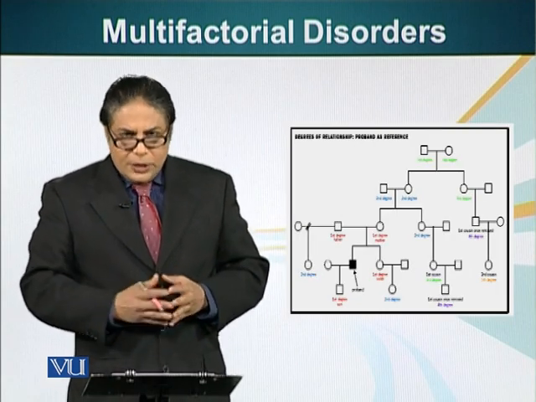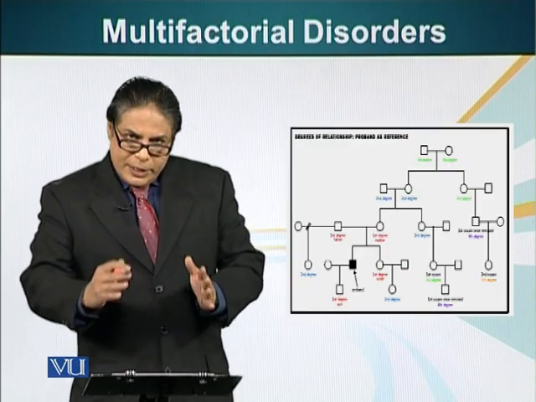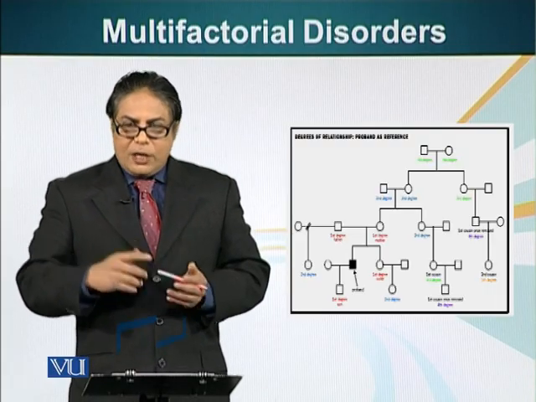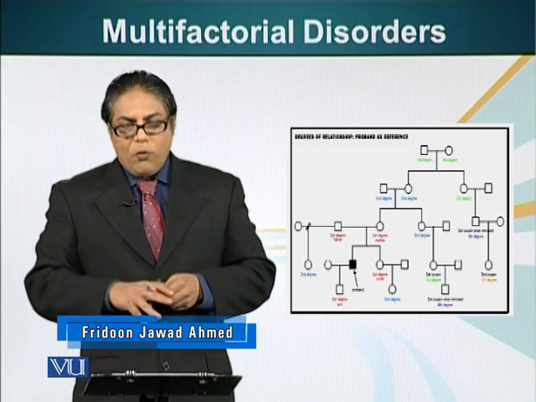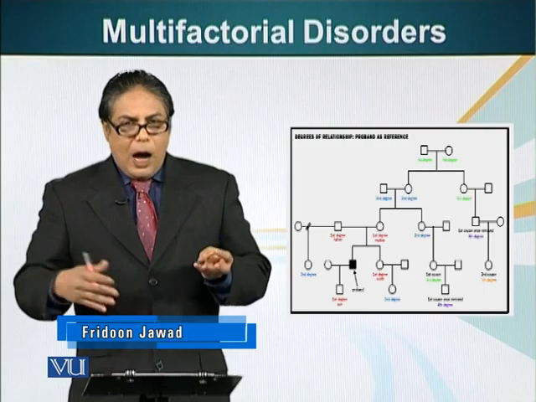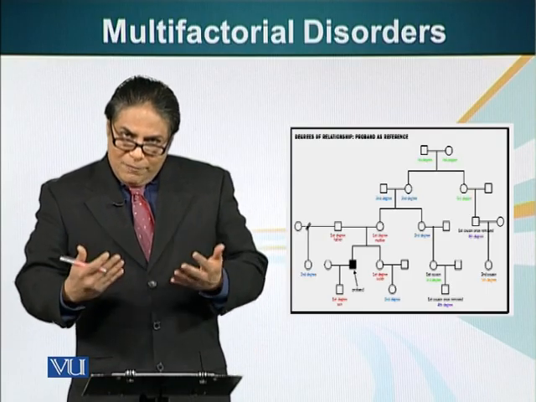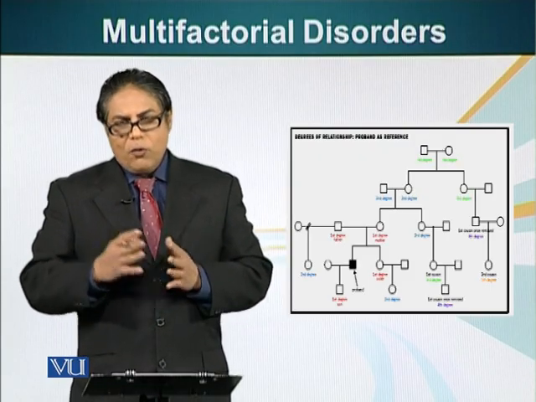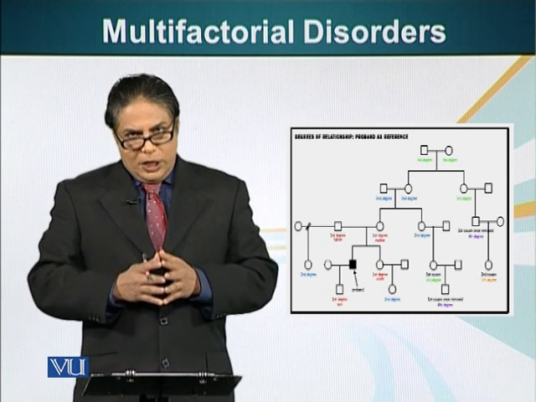Here on the screen, you can see a pedigree which tells us the degree of relationship. The first degree relatives are the ones we share 50% of our genes with, for example, our parents, our brothers and sisters, our children. The second degree relatives, of course, are the ones with whom we share 25% of our genes.